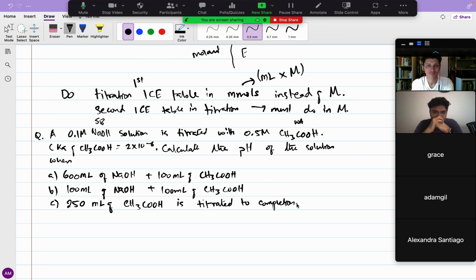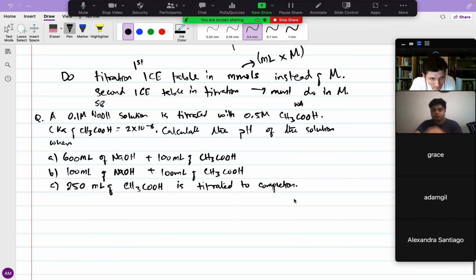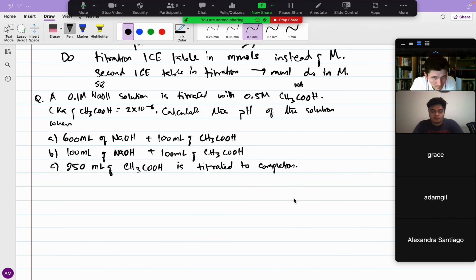Notice in parts A and B, I always give you 2 volumes. Volume of the strong and volume of the weak. In part C, however, I'm only giving you 1 volume. And that's what they usually like to do in completion type questions. And I'll tell you how to figure out the other volume. It's also M1V1 equals M2V2.